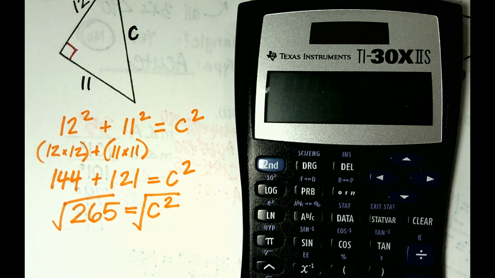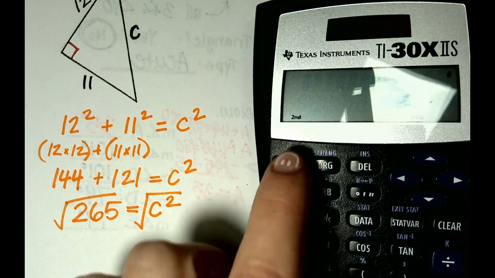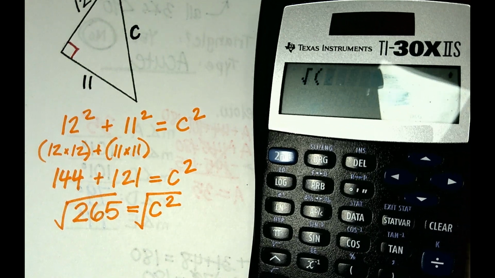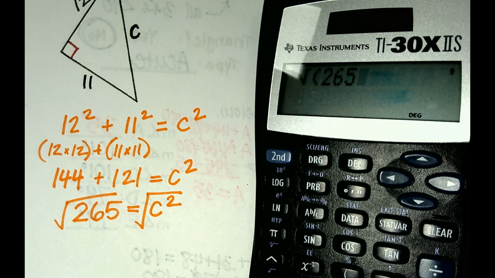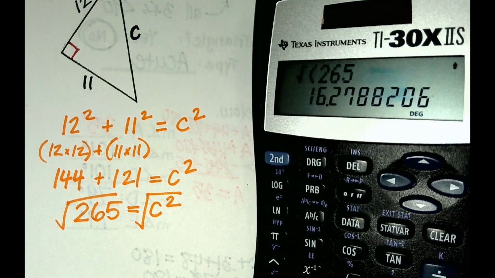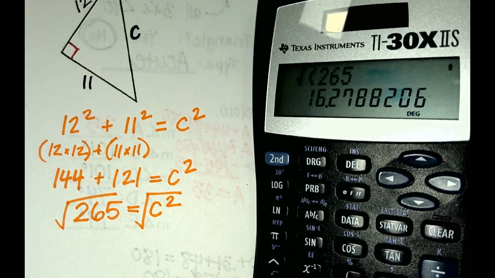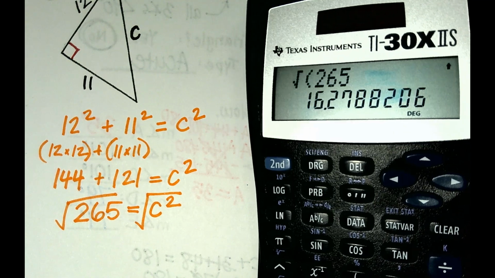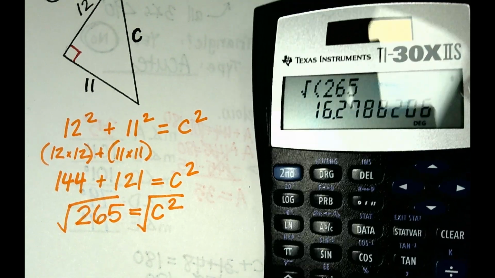So, second, square root, 265, enter. 16 point, I would accept 27. I would also accept 28 if you round up. 16.27 or 28. 28 would be the rounded answer.